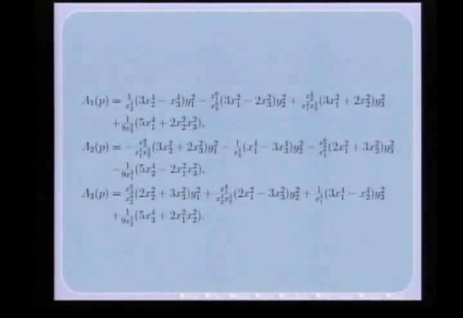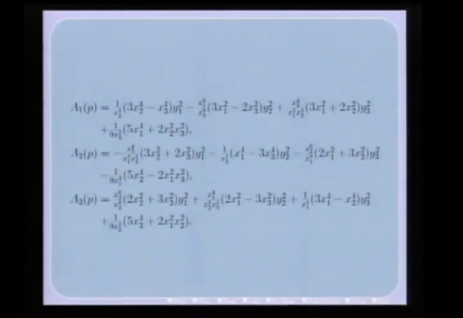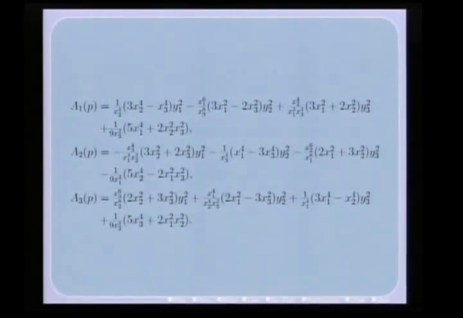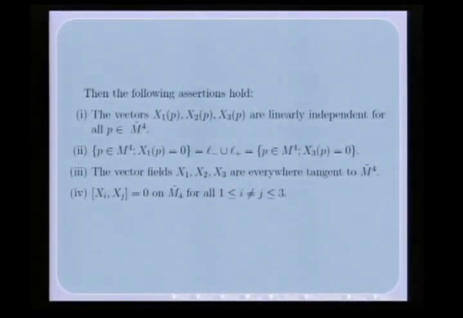Well, the functions A1, A2, A3 that appear here are given by those horrible expressions. And one can prove that those vector fields are everywhere linearly independent in the complement of those straight lines. The straight lines are the set of singularities of X1 and X3. And they are everywhere tangent to the manifold you obtain by removing those lines.